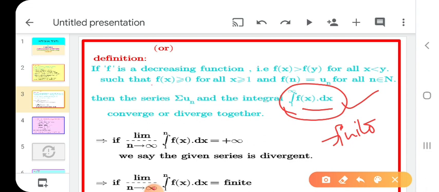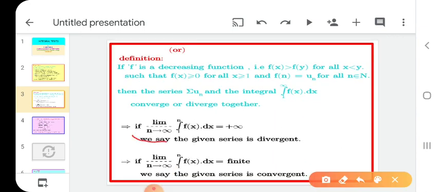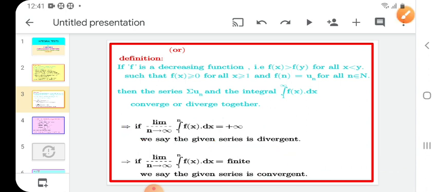Why? All the terms in f of x are non-negative. So we get either a finite number or only plus infinity. If the integral value is plus infinity, we say the given series is divergent. See here, if the limit as n tends to infinity of the integral from 1 to n of f of x dx is plus infinity, we say the given series is divergent. If the limit as n tends to infinity of the integral from 1 to n of f of x dx is finite, we say the given series is convergent. Okay.